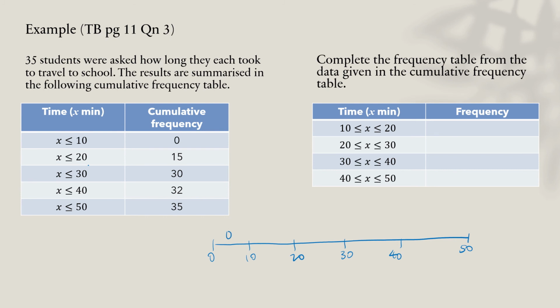From 0 to 20, we have 15. Now, the question asks for 10 to 20, so they only want this part here. So we need to take 15 minus 0, which gives you 15 as the frequency for this class.